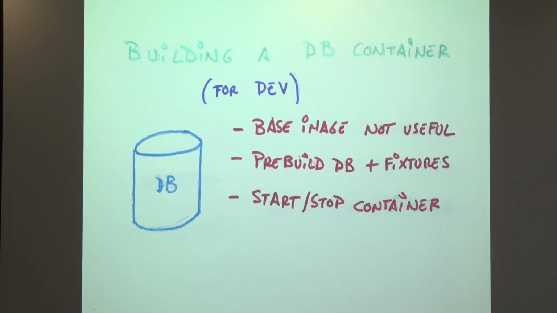For example, for building the database container, which is one of the most complex ones, the base image of Postgres, it doesn't really matter for that. You want to have a container that when you start, you already have your database with your database schema, and you have your fixtures to be able to test. So then when you start and stop the container, you start from that fresh image. You don't start with a completely empty database.